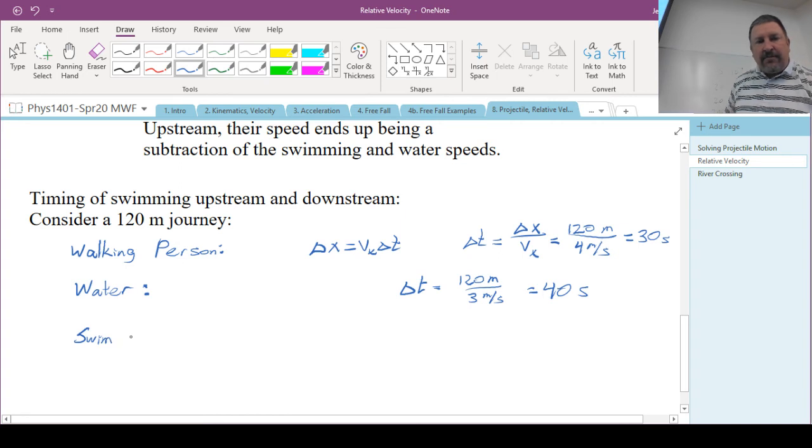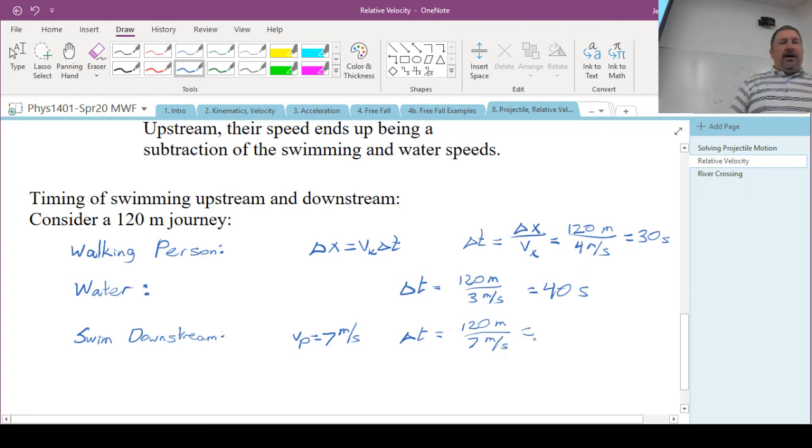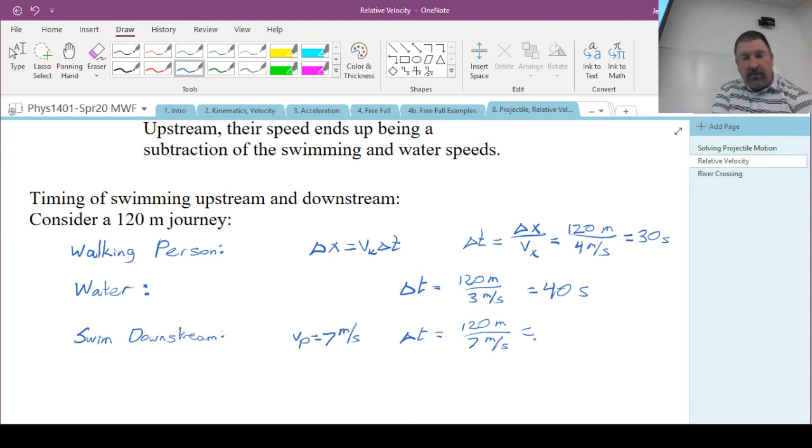And if we swim downstream, V person is equal to 7 meters per second. So then delta t is 120 meters over 7 meters per second, which is something I have to calculate. 120 over 7 is 17.1 seconds.